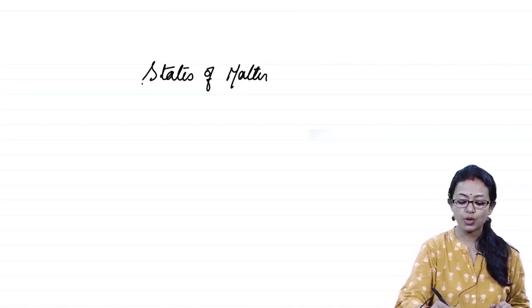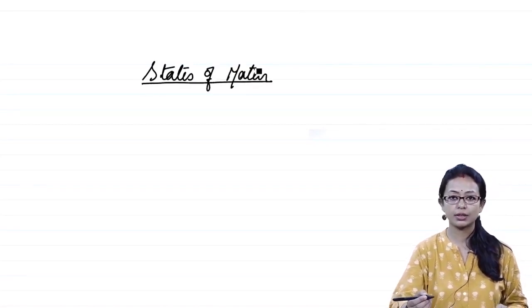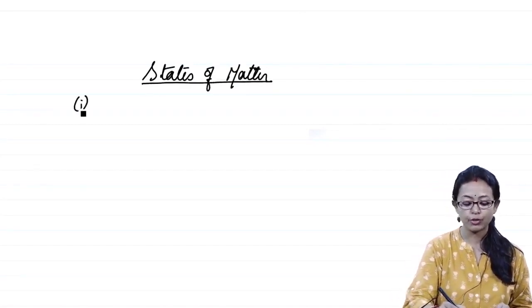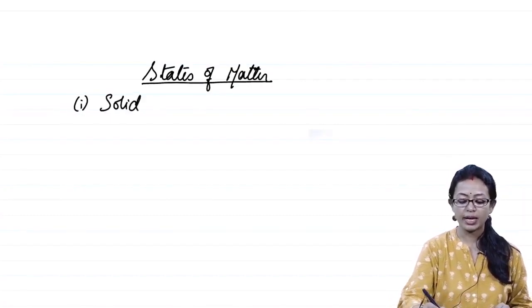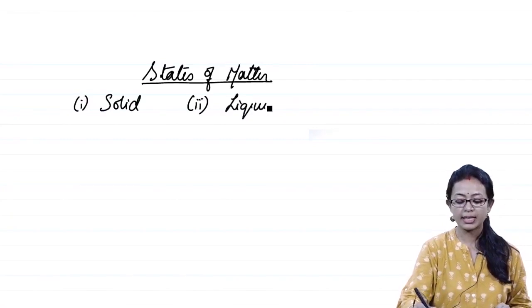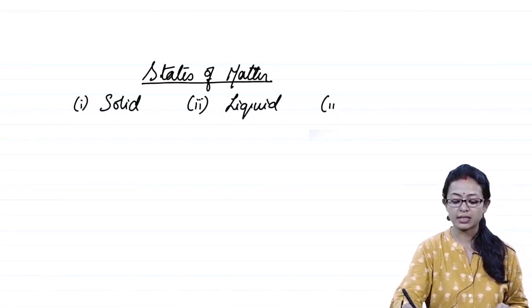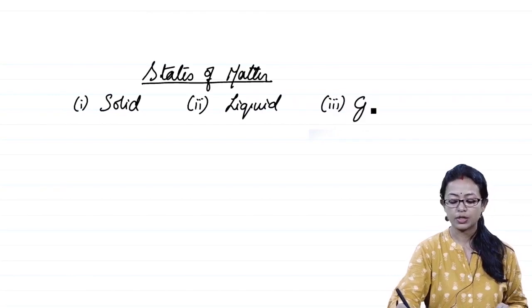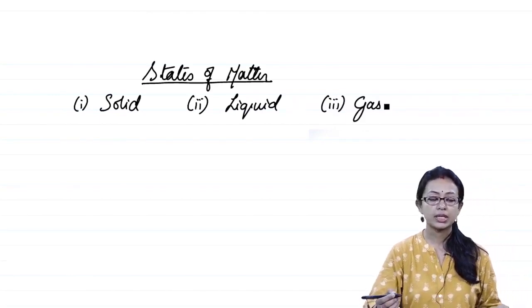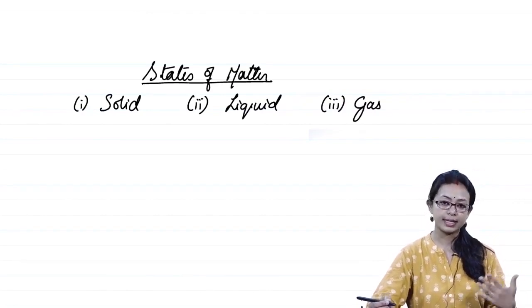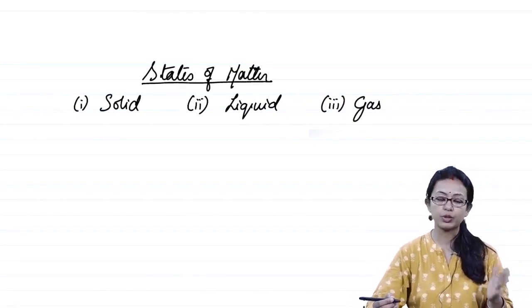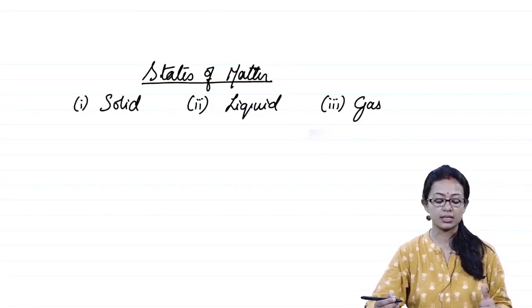Now if I ask you what are the different states of matter, I know you already know about it, that it is solid, we have liquid, and then we have gases. So these are the prime states of matter, though you would see that there are other states of matter as well, which we will learn in later classes.